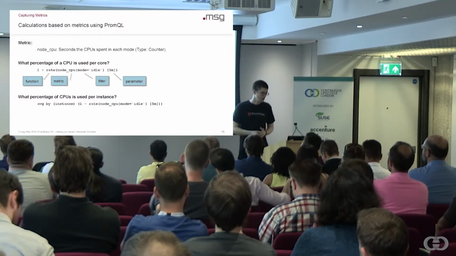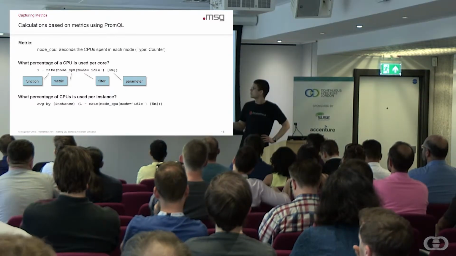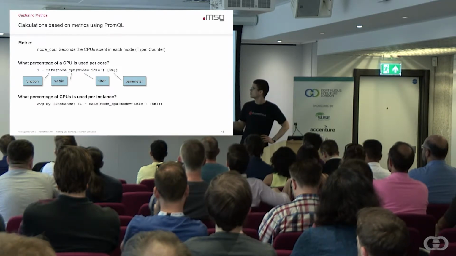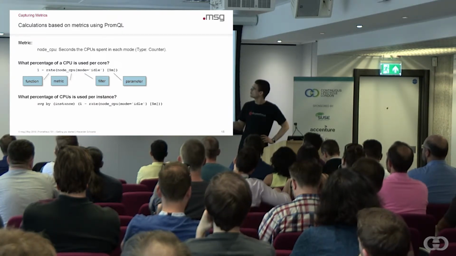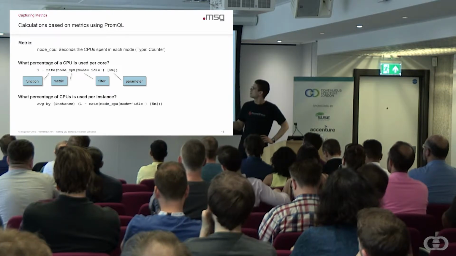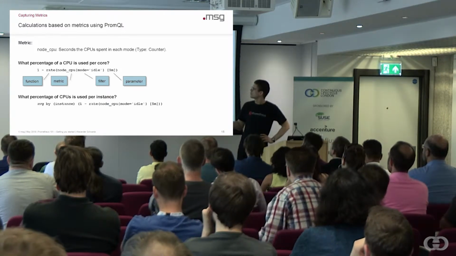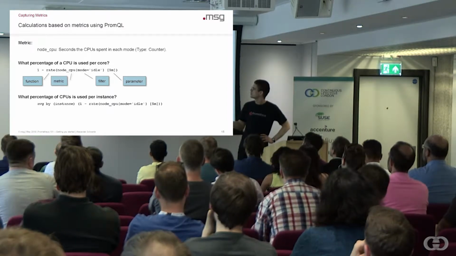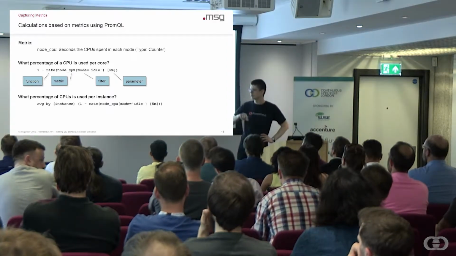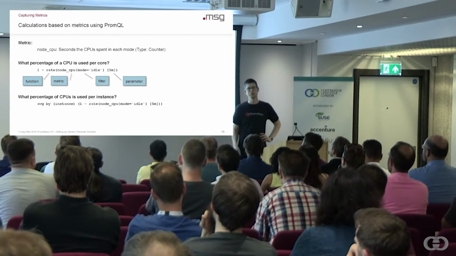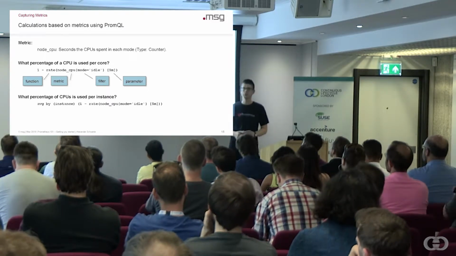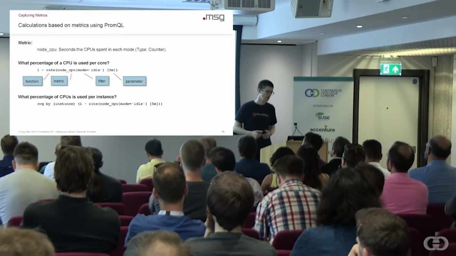And what I've done here, I have first applied a filter to that. So I filtered only the metrics of the node being idle. That is in these curly brackets here. I then applied a function to that being rate. So I don't want to have this increasing counter, but the number of CPU seconds being burned over time in a 5-minute interval.